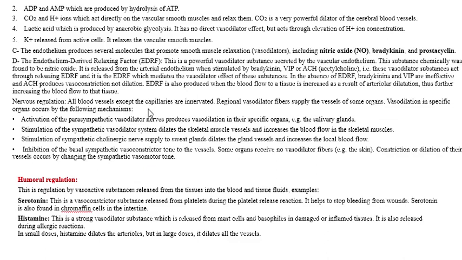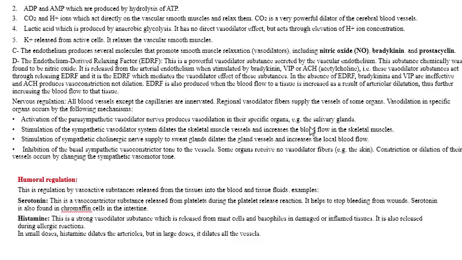Activation of the parasympathetic is part of nervous regulation, and the sympathetic can stimulate vasoconstriction. The sympathetic vasodilator system dilates the skeletal muscle, so it is the opposite. Activation of parasympathetic vasodilator.